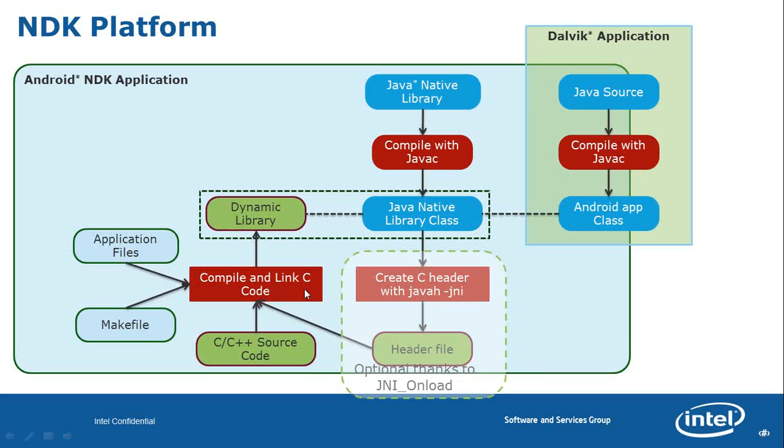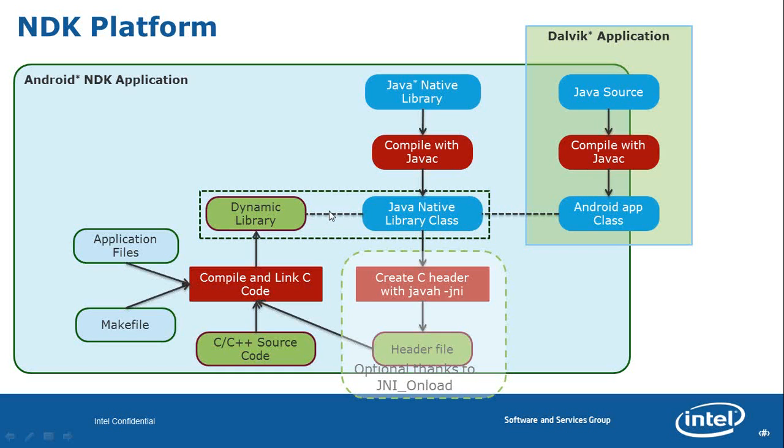The header file and the C and C++ source code are compiled using your make file and the application files, and you generate a dynamic library. This dynamic library is linked to the platform layer. How does that happen? That is through the Java native library class.